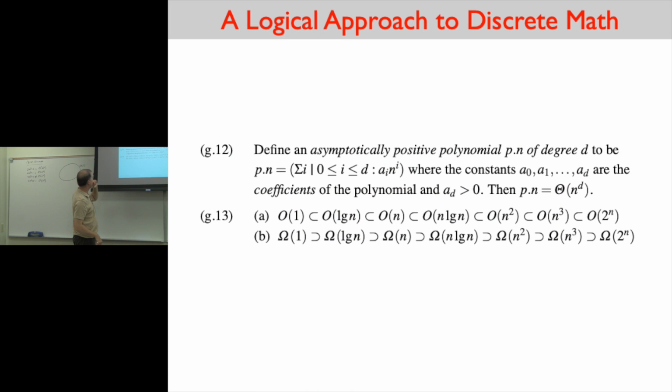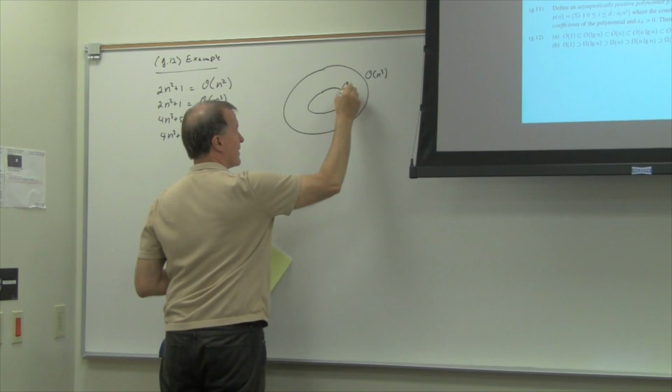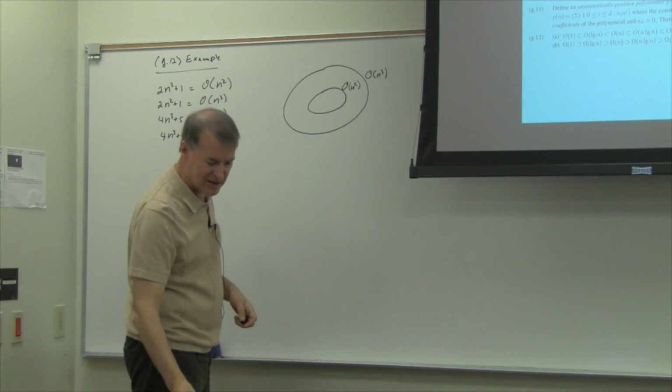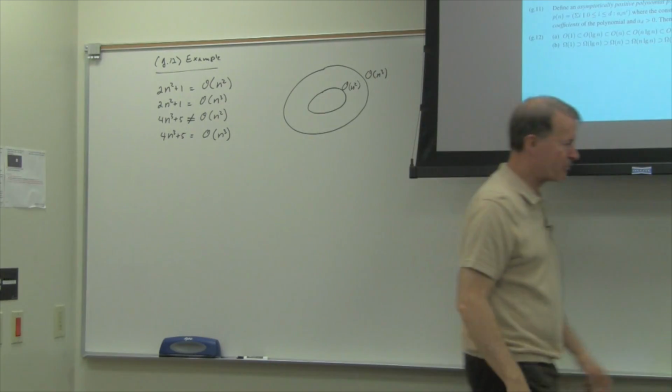This says big O of n squared is a proper subset of big O of n cubed, so all of big O of n squared is inside. Yes, so a small ring and then bigger rings. So this is big O of n squared, right? Now I want you to tell me, where should I put the point?